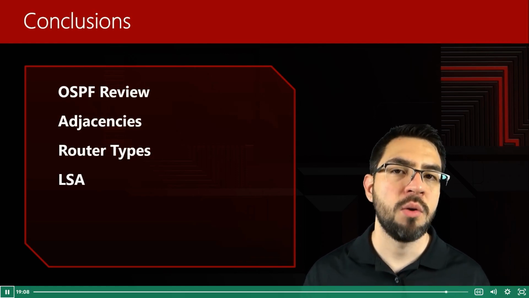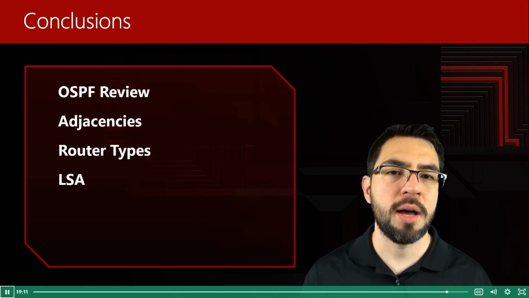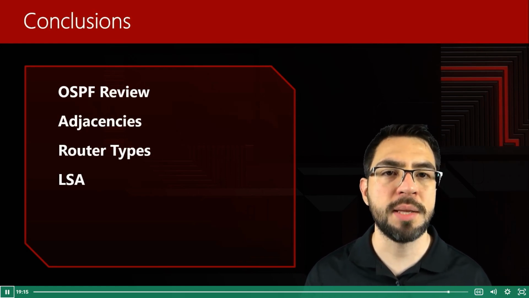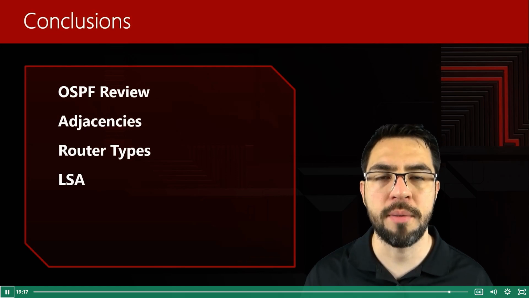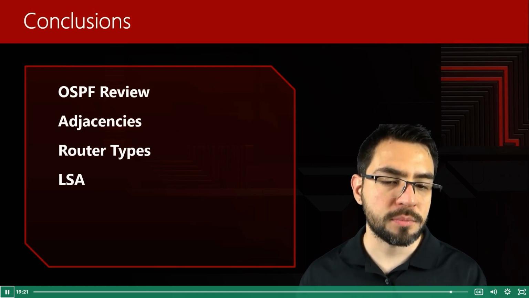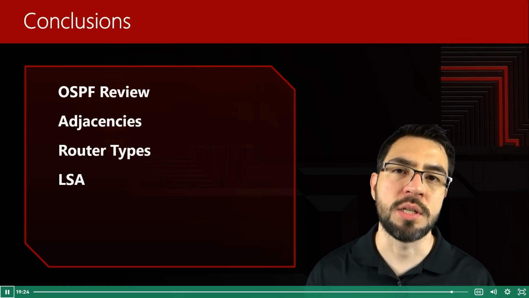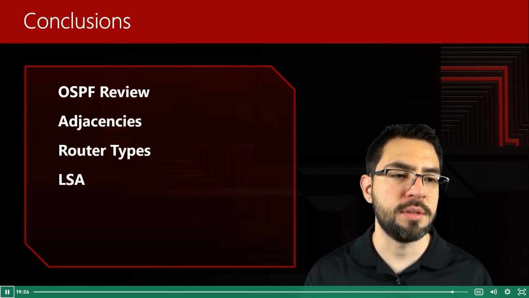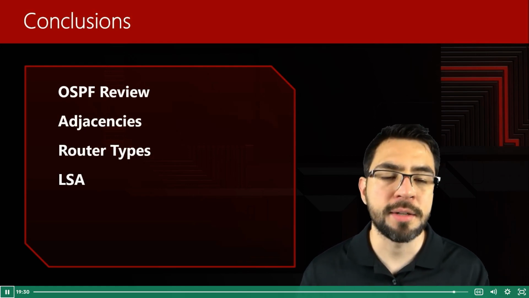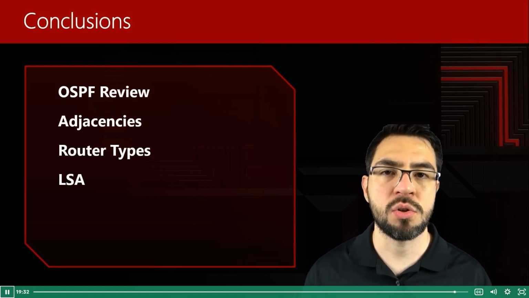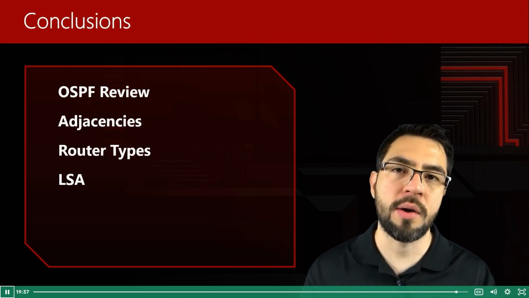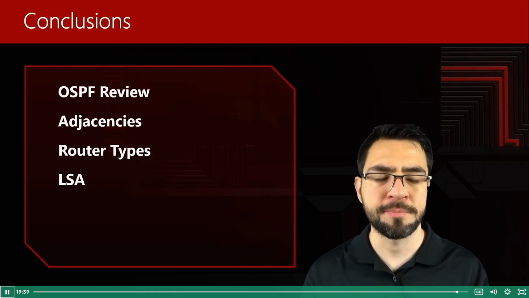The router types will define the role of each router and what type of messages we're going to have in our environment, controlling what LSAs we're going to see. The type 1 is going to be generated by all routers, creating a description of what they own, what they have. The type 2 LSA is going to be pushed by the designated router to all other routers on that broadcast environment.